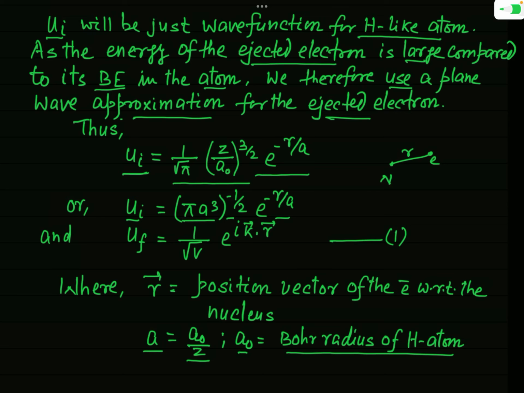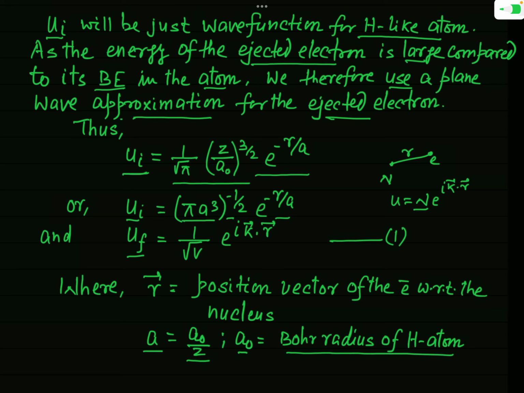And as I have told you, the ejected electron will be treated like a plane wave. So if you consider that your system is inside a volume V, then you have seen in the previous lecture that when we write the plane wave function, we have written u equal to n times e to the power i k dot r, where n is the normalization factor.